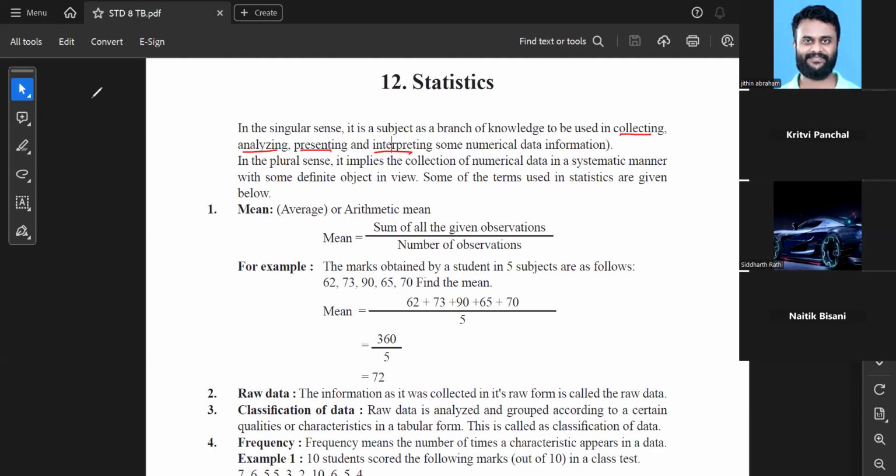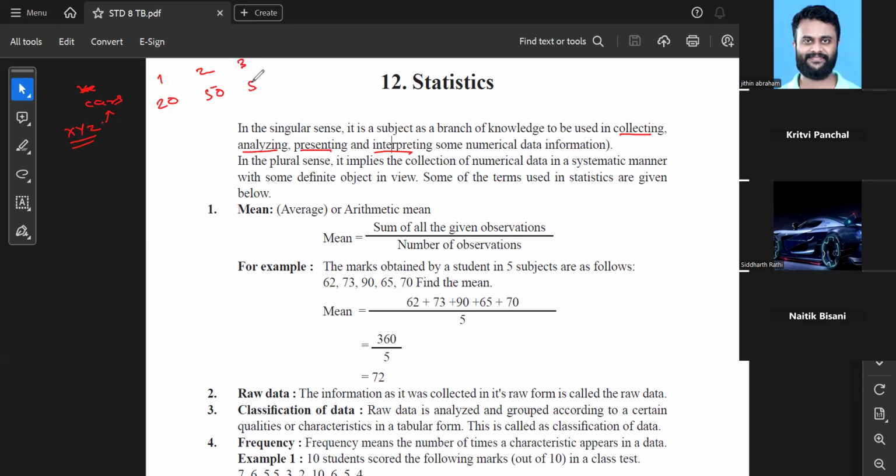For example, if you wish to take the number of cars on the road, the number of cars in your city, whichever city you're living in, you will collect the data. You will go building by building. Building number one has, let's say, 20 cars. Building number two has 50 cars.